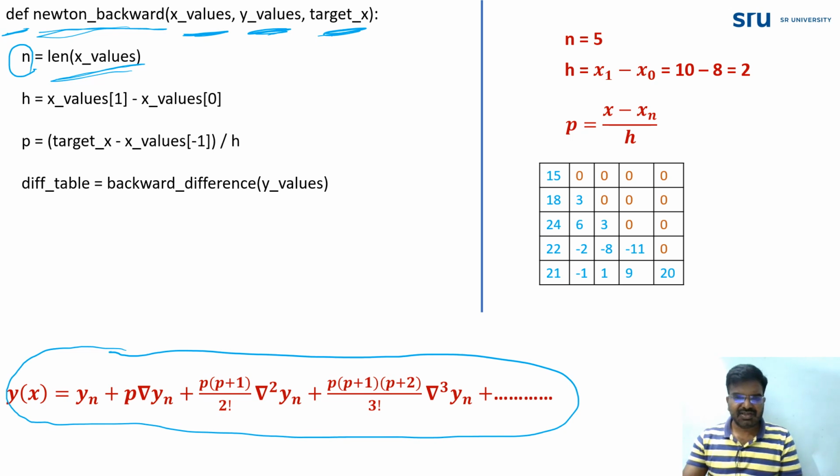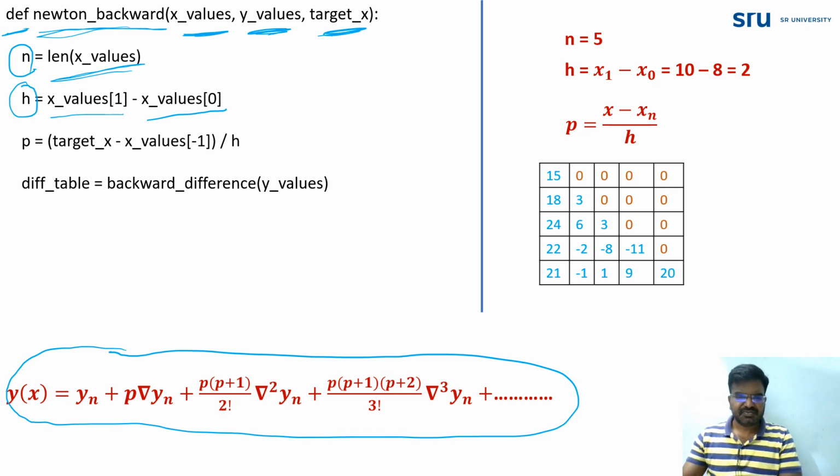The common difference of x values. So I can take the difference of any two consecutive values. I am taking here x1 minus x0. You can take the difference of any two consecutive values. We are saving the result with the name h.